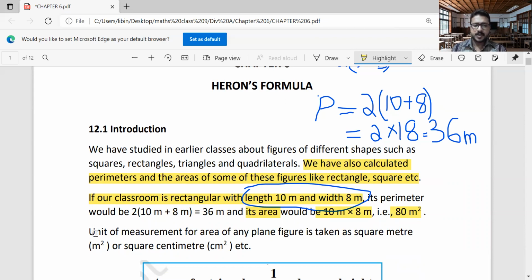One more thing: the unit of measurement of area of any plane figure is taken as square meter, denoted as meter square, or it could be centimeter square. You have learned all this.